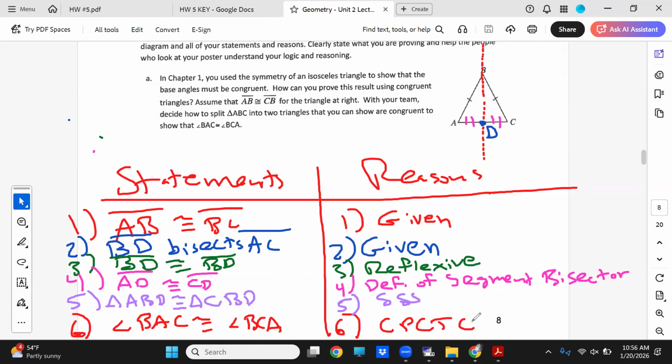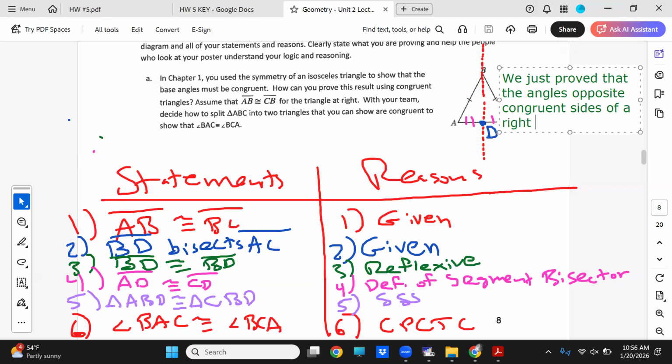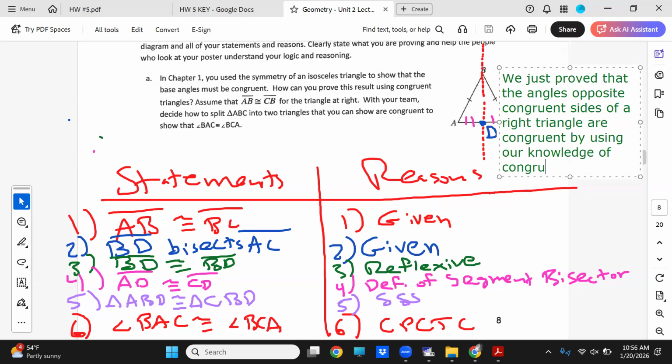So what we just did, we just proved that the angles opposite congruent sides of a right triangle are congruent by using our knowledge of congruent triangles. That's what we just did.